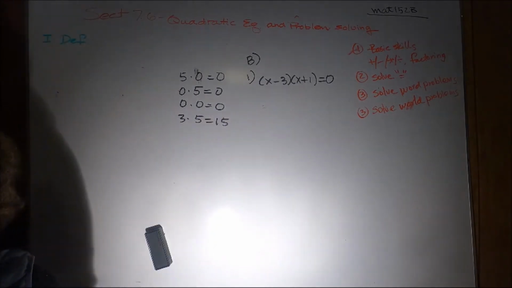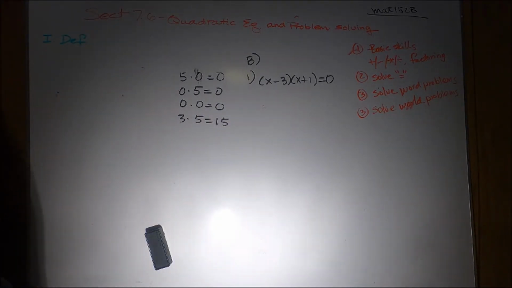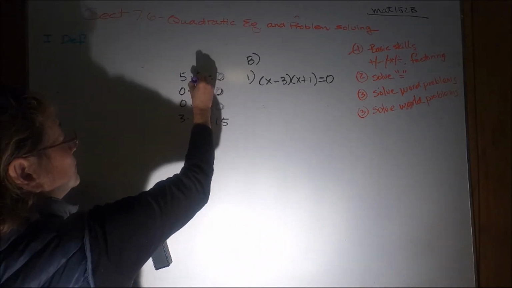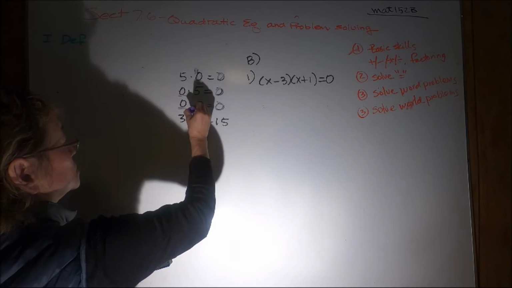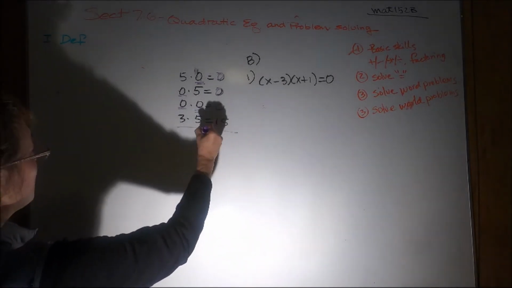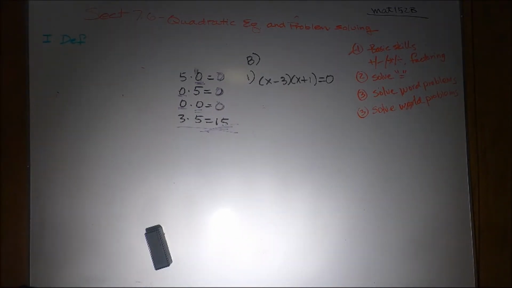However, if I have 3 times 5, that would be what? 15. Not a 0. So, if you want to get a 0, you have to have what? One of the numbers or both are zeros to be able to do that. If both are not 0, you will not get 0 here. Is that right?